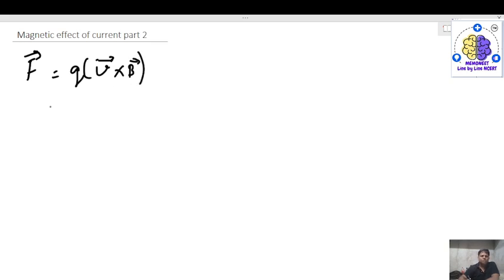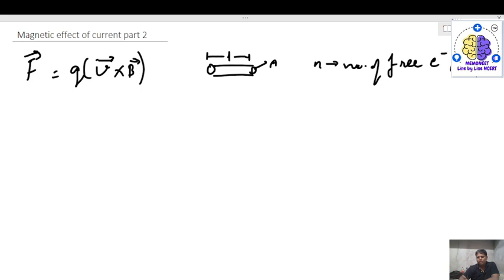So suppose there is a conductor which has its area of cross section as A and length as L, and small n is the number of free electrons per unit volume.